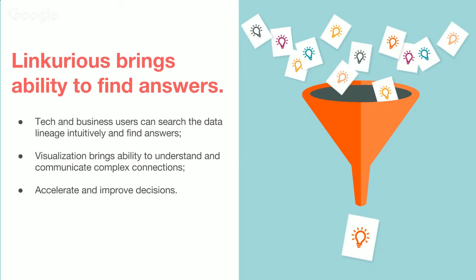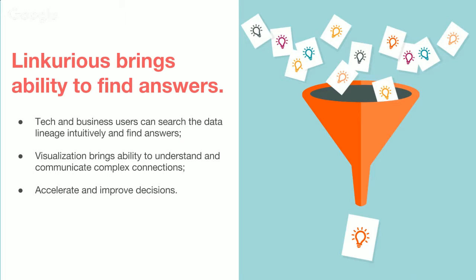Linkurious brings to Neo4j, to graph databases, the ability to find answers and to turn the data into something that business folks and tech folks can access to find answers. Our visual interface helps users search the data lineage intuitively and find answers on their own.